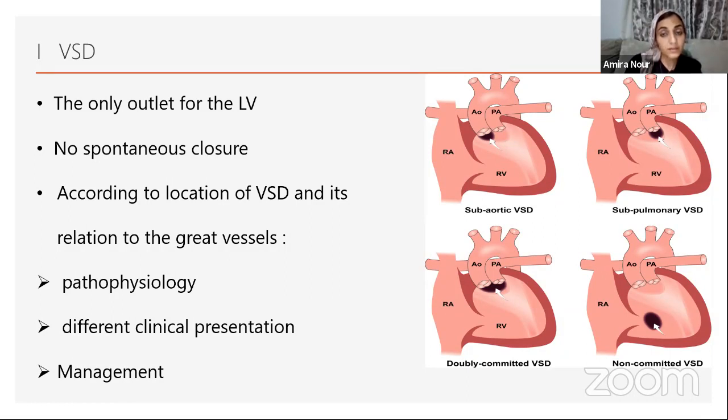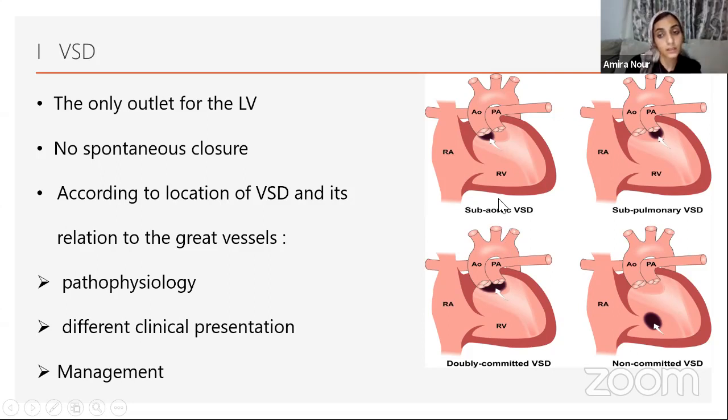Again, there was a debate regarding the nomenclature, whether this is a VSD or interventricular communication, regarding the degree of main vessel or great vessel overriding. However, we all agree that we will call it VSD, or ventricular septal defect. We have 4 types of VSD.